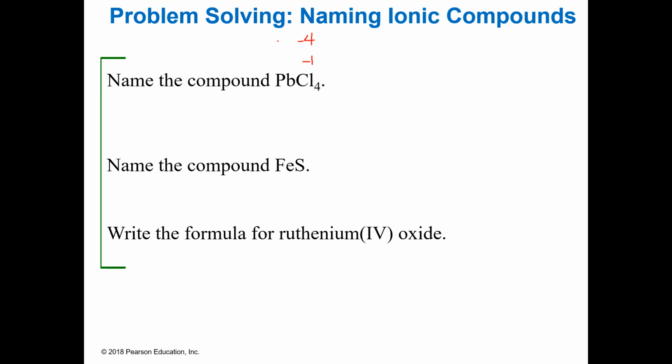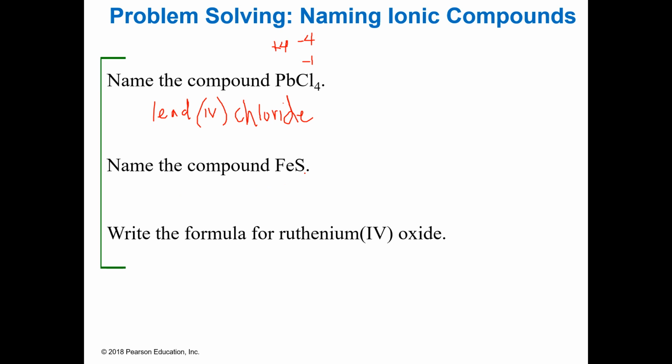I only have 1 lead, so that 1 lead needs to carry all +4 charge for it to be neutral. So then I would name this lead(IV) chloride. If you don't have that Roman numeral, it makes it incorrect.